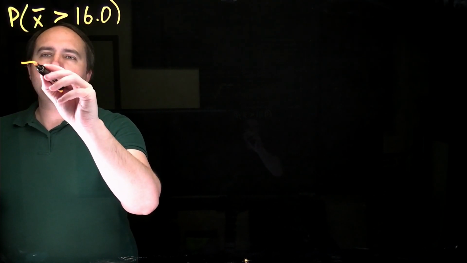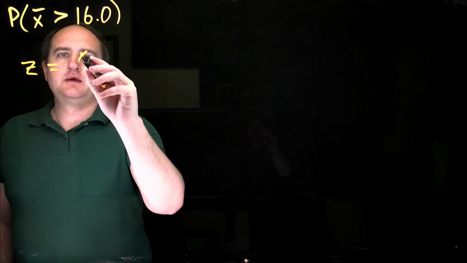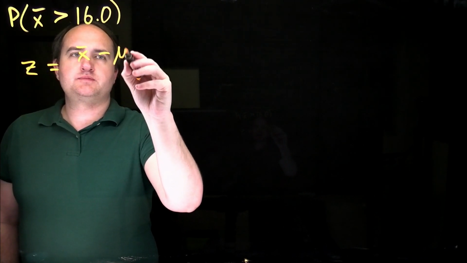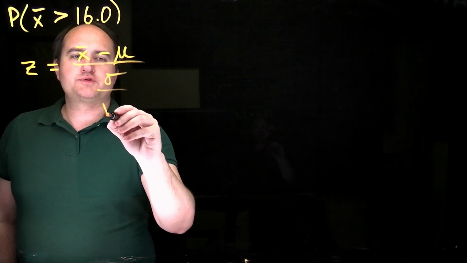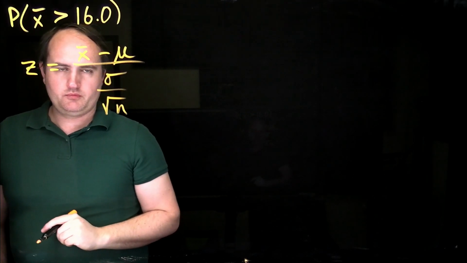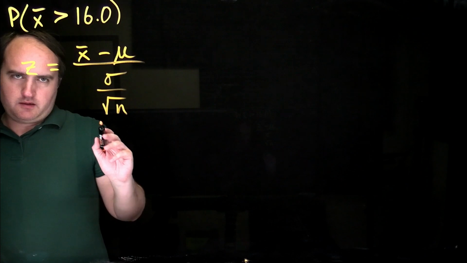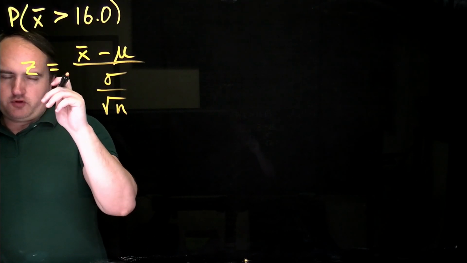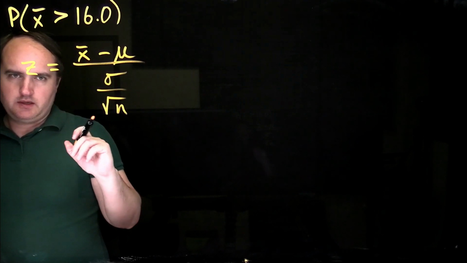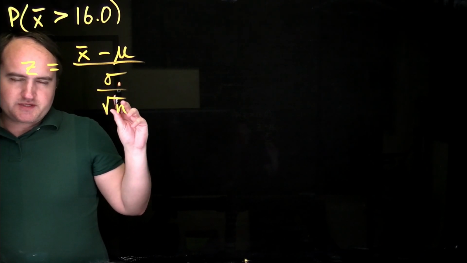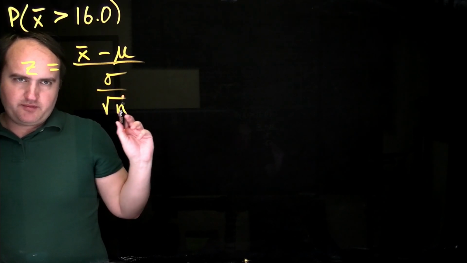Okay, so we're going to be doing z equals x bar minus mu all over sigma over the square root of n. Notice that the only difference here is now we have x bar instead of x, and instead of just sigma in the denominator, we also have sigma divided by the square root of n.